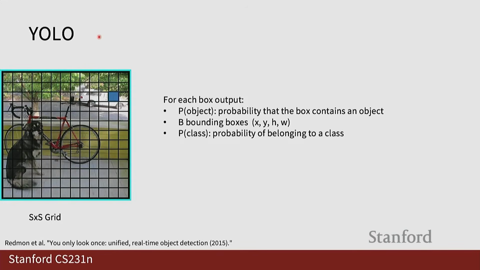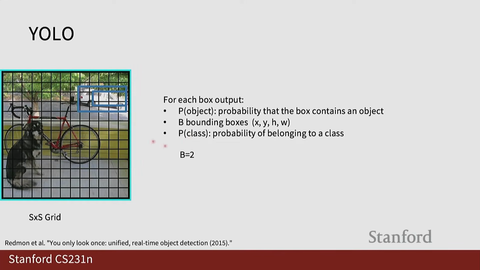For each box in that grid, a fully convolutional network outputs the probability of an object being in that location. It generates B bounding boxes, new hyperparameters, that are the refinement of the object present in that box, and also the object class probabilities.